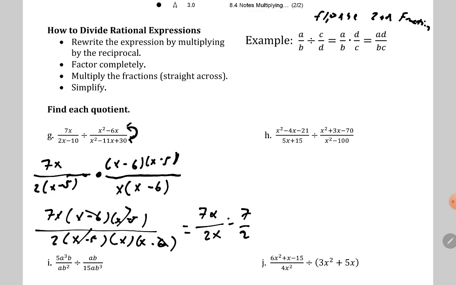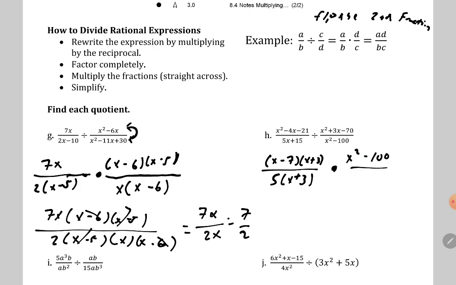So part H, once again, let me go ahead and factor the top right here. X squared minus 4x minus 21, that's going to be (x minus 7)(x plus 3), and then we're going to factor out a 5 to get x plus 3 here. Okay, I'm changing division to multiplication, and then we're going to flip the fraction.